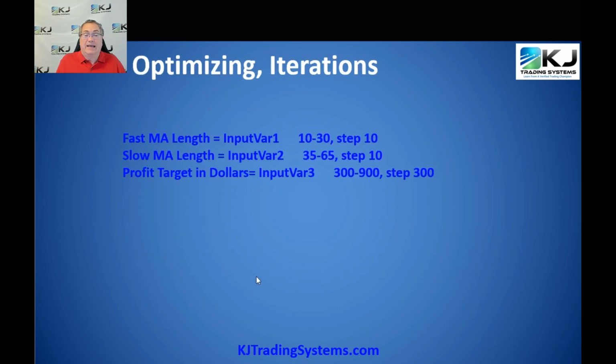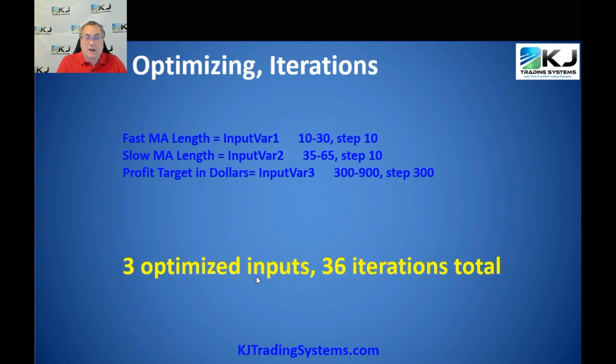As far as optimizing and iterating, I have 3 inputs that I'm going to optimize, and you can see the values that I'm using there and see their steps. Altogether, it's only 36 iterations, so it's not a lot of optimization, but it's a little bit. Why do you do this?